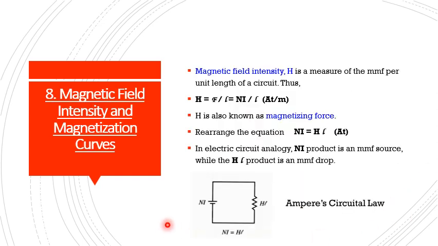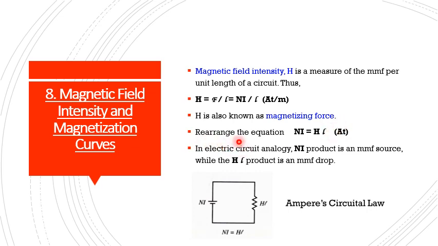Okay. Magnetic field intensity and magnetization curve. Magnetic field intensity, or magnetic strength, H, is a measure of the MMF per unit length of a circuit. So the formula is H equal to F over L equal to Ni over L. H is also known as the magnetizing force.